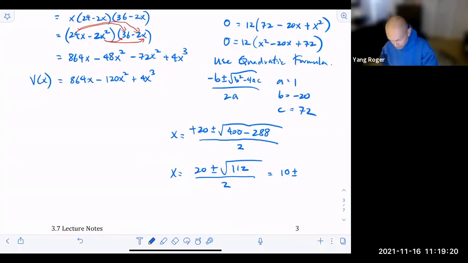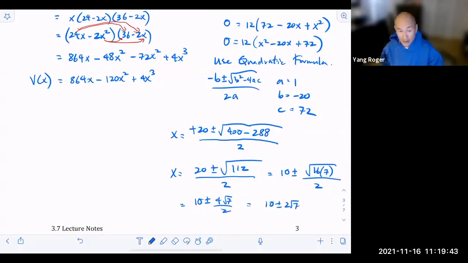So this is the square root of 16 times 7 divided by 2. So this gives me 10 plus or minus 4 root 7 over 2, or 10 plus or minus 2 root 7.